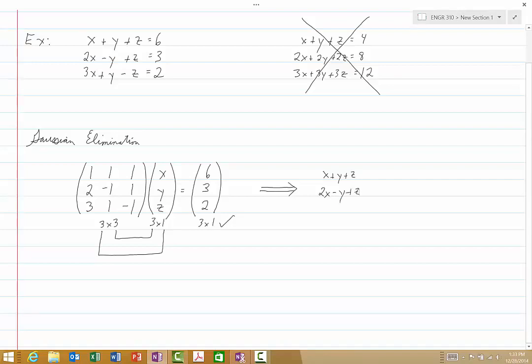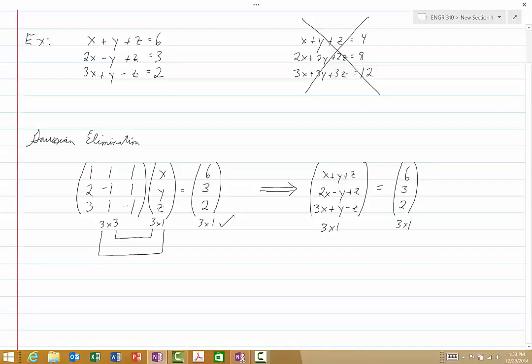And then multiply across this final row and down this column, and we would get 3x plus y minus z. So that would be the 3 by 1 matrix that we would get on the left hand side.